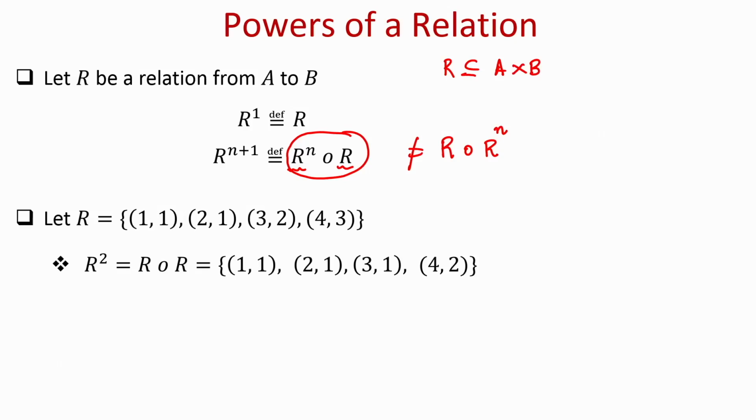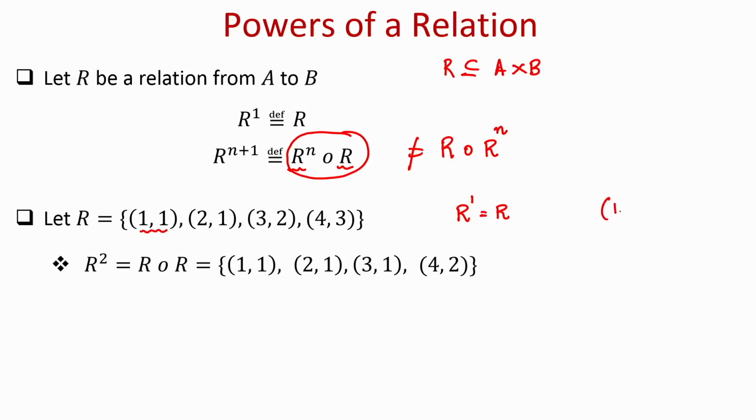So, here I have defined a relation R consisting of the pairs 1 1, 2 1, 3 2 and 4 3. So, R power 1 as per my definition will be the relation R itself. Now, R square will be the composition of R with R and my claim is that R square will consist of these 4 pairs. Why so? So, let us start with 1 comma 1.